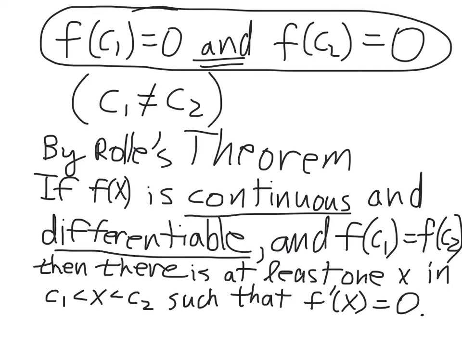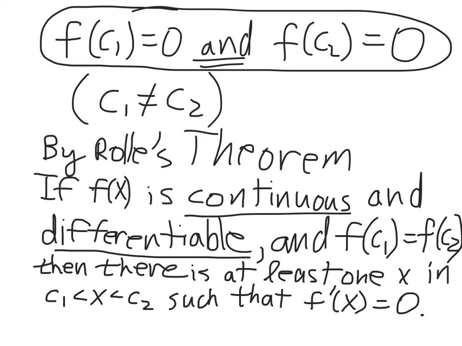Or perhaps the graph may be going down through c sub 1, but to get through c sub 2, it's got to turn around and go back up. So again, somewhere where that graph turns around, the derivative is going to equal 0. That's based solely on our assumption that we do have two solutions. Using Rolle's theorem, the function fits nicely: it's continuous, it's differentiable, and c sub 1 and c sub 2 have y values that are the same.